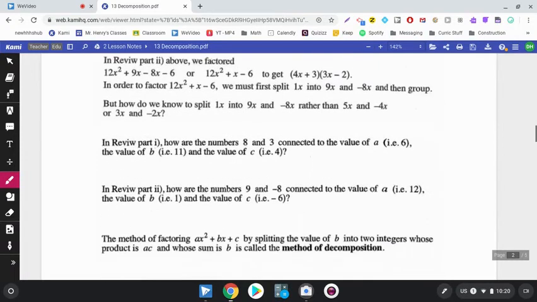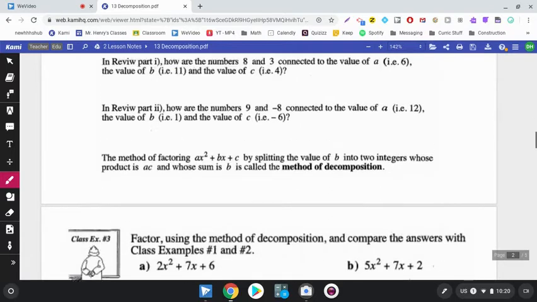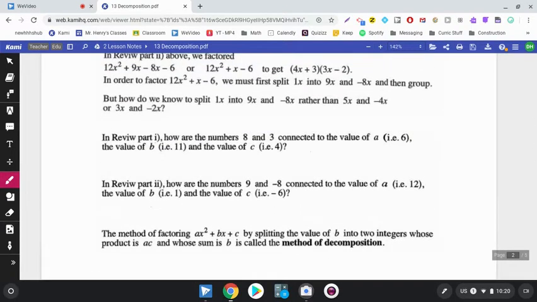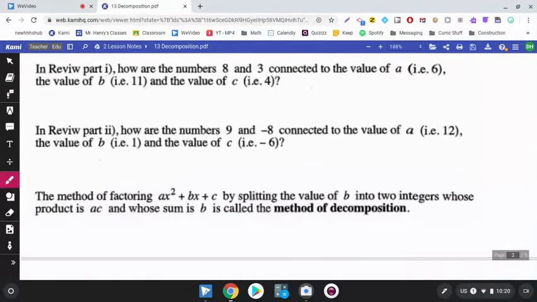Okay, well, the answer, and I think this is on the next page for you, is right here at the very bottom, the last thing. The method of factoring ax squared plus bx plus c is by splitting the value of b into 2 integers.